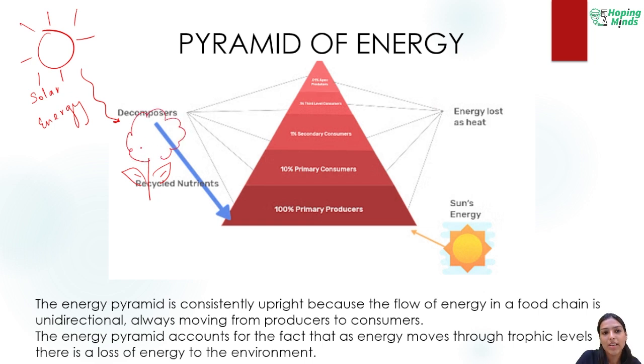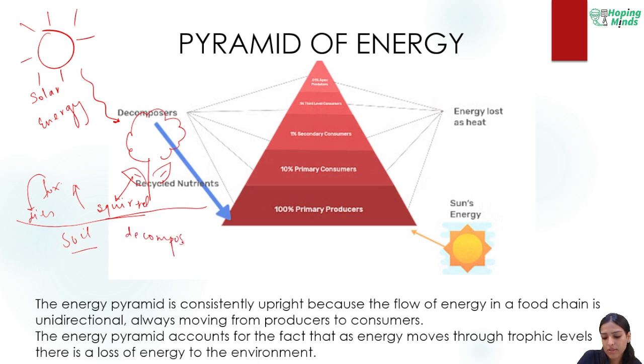It's being trapped, and then this is being eaten by a squirrel. The squirrel is eaten by a fox. The fox then dies, goes back into the soil, where we have decomposers, which will replenish it and send the nutrients back to this.